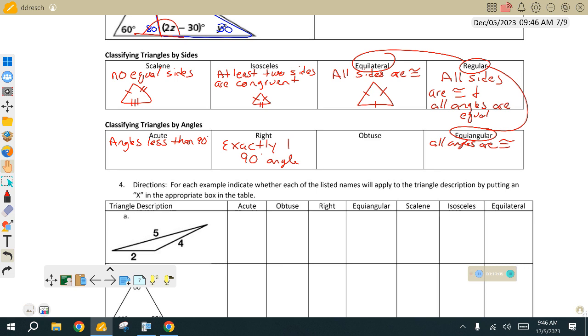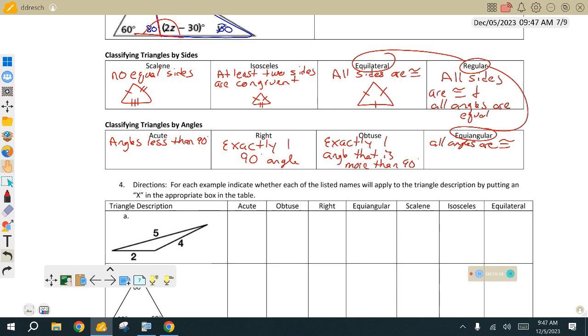How many angles can be more than 90? 1. Just 1. Thank you. Same thing. Exactly 1 angle that is more than 90 degrees.